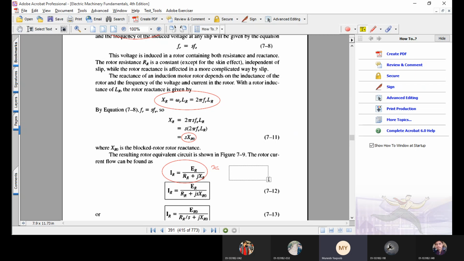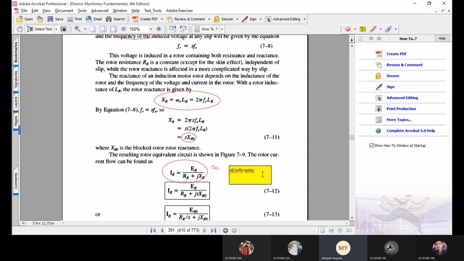So what they wrote here is basically ER equals to S ER naught, whole divided by RR plus J times S XR naught.